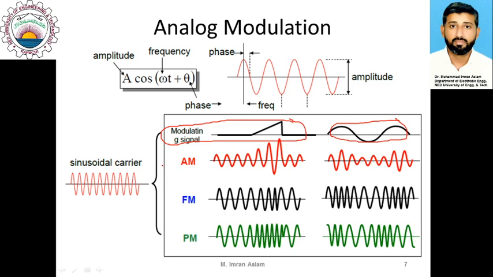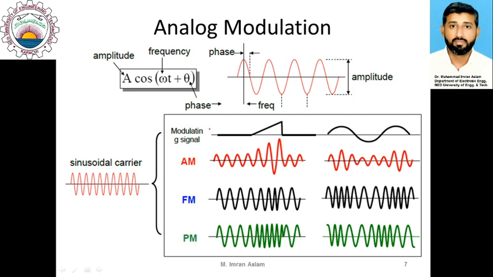Either it changes amplitude, which is named amplitude modulation, or it changes the frequency of the carrier, which is named frequency modulation, or it changes the phase of the sinusoidal carrier, which is named phase modulation. So there are three different possibilities of analog modulation. Either we change amplitude or frequency or phase of the sinusoidal carrier to represent the information of the baseband signal.